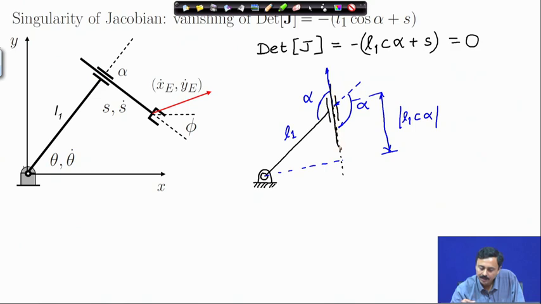And that must be equal to s, which means that if my manipulator is such that the end effector comes here, then we have singularity.